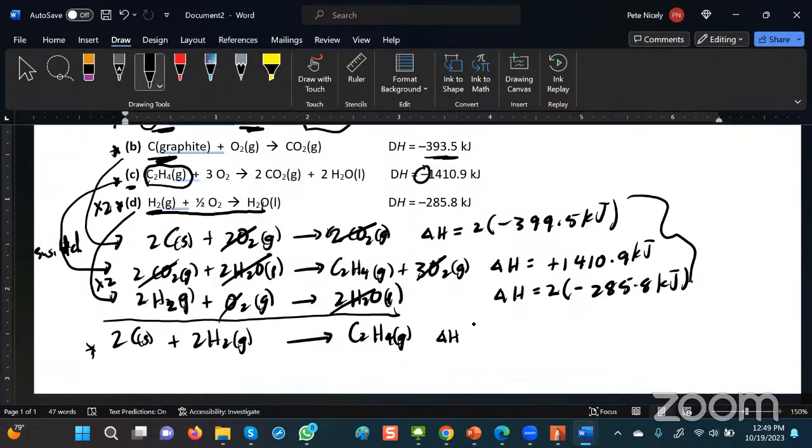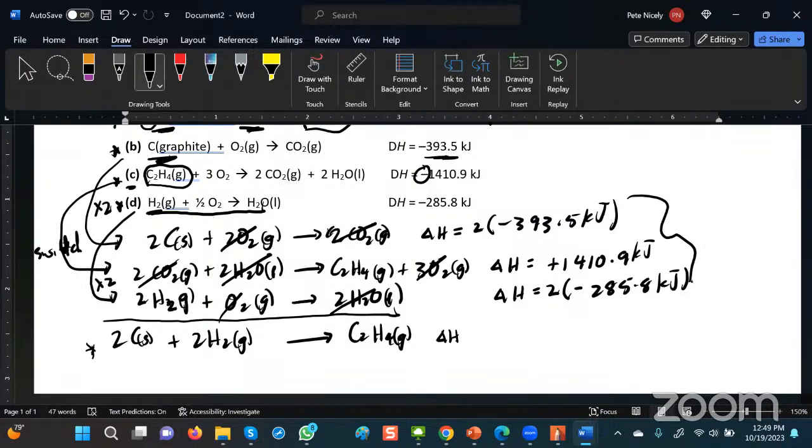And I think I made an error here. This should be 393.5 negative times 2. And then I'm going to add to that 1410.9.